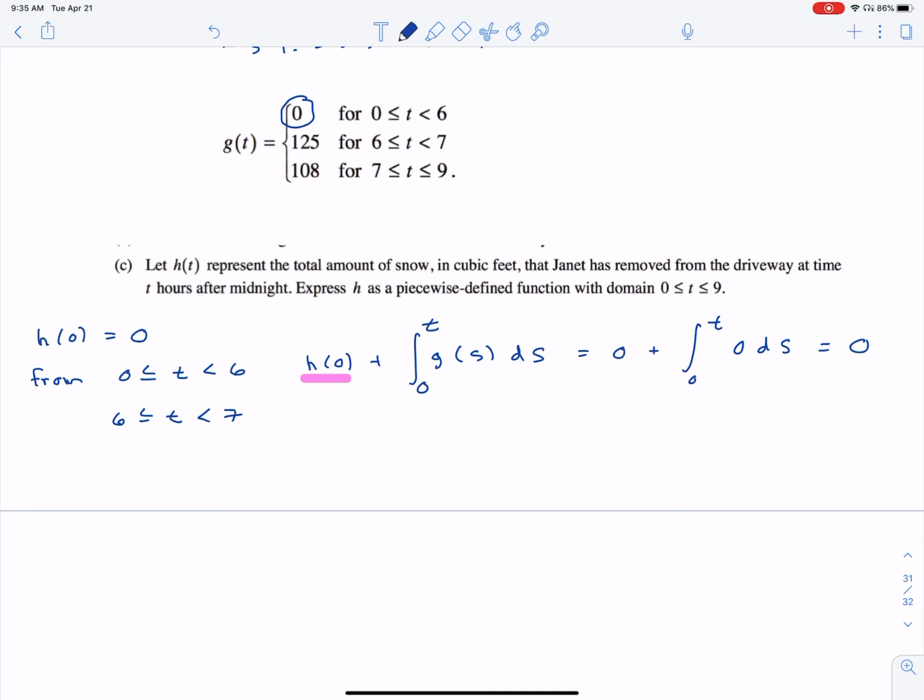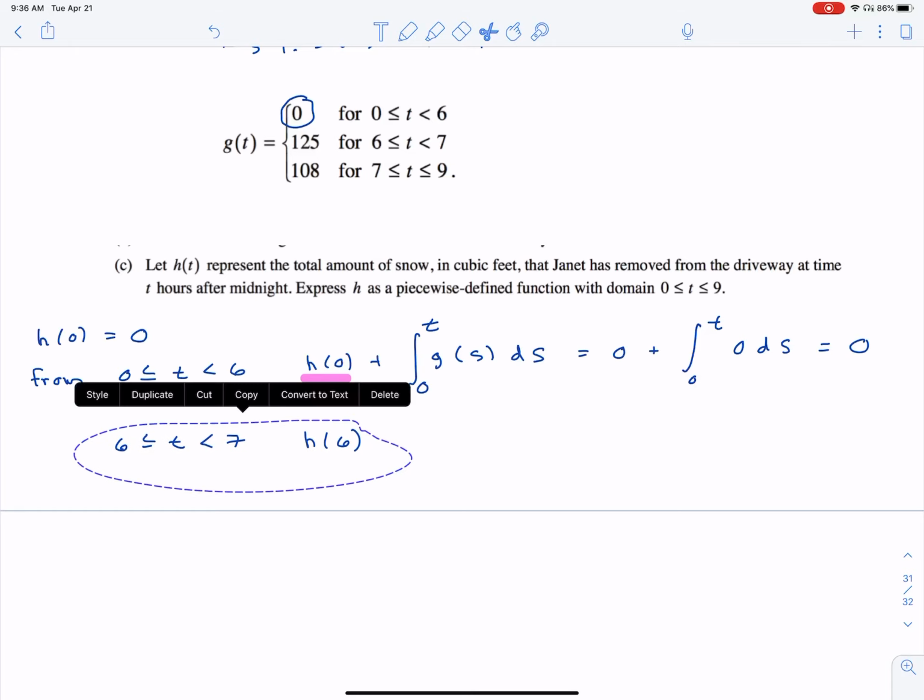Okay, so let's keep on going here. So now what are we going to do? Well, we're going to take h of 6, because that is how much snow has been removed at time 6. Let me move this down a little bit.